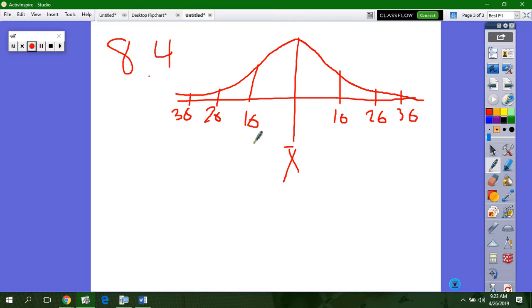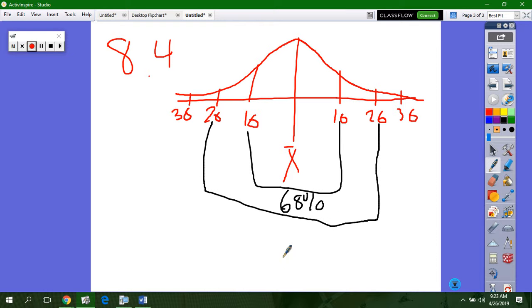Out of 1 standard deviation, that covers 68% of our data. If you fall within 1 standard deviation, you're in that 68% of our data. You will want to memorize these charts that I'm doing. If you are within 2 standard deviations, you're at 95%. So for us, with only covering 2 standard deviations, 95% of your data normally falls within it, but for us it was 100.